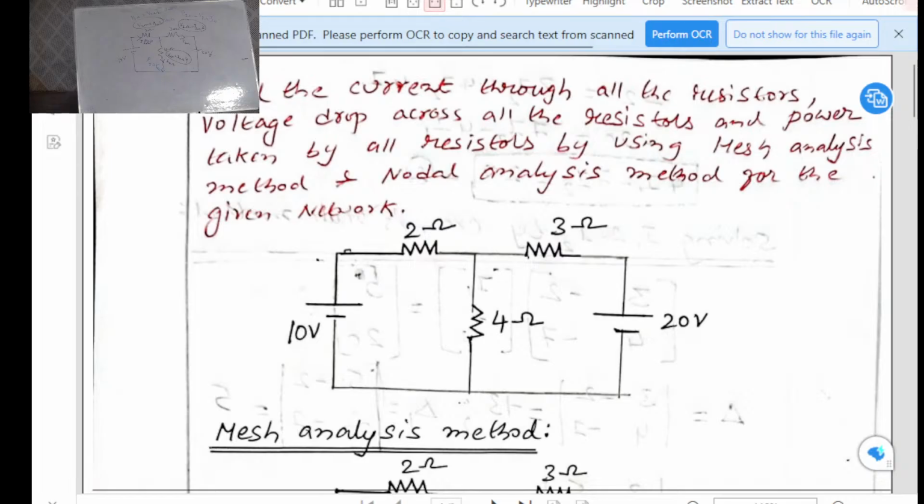Right. So this is our target. To get this one, first we apply which method? Mesh method, to get the branch currents.